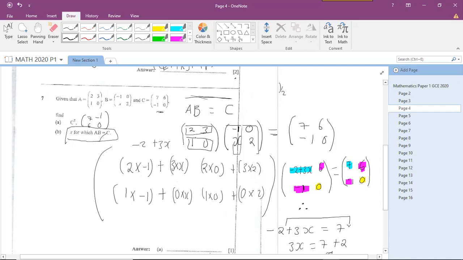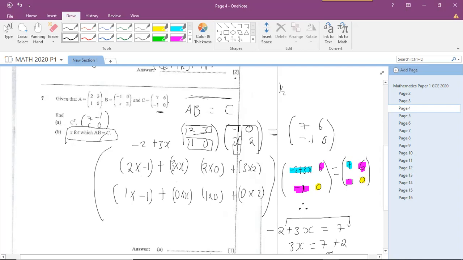We said matrix A is 2, 3, 1, 0. Matrix B is -1, 0, x, 2. The product of these two matrices, once we multiply them, has to be exactly identical as matrix C, which is 7, 6, -1, 0.